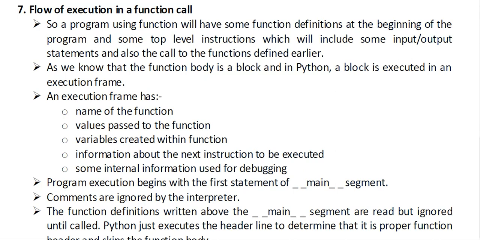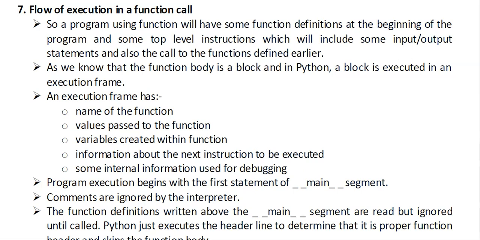So what will the execution frame contain? It will have the name of the function, it will have the values passed to the function, it will have some additional variables that are created during the execution of the function, it will have information about the next instruction to be executed, and some internal information.